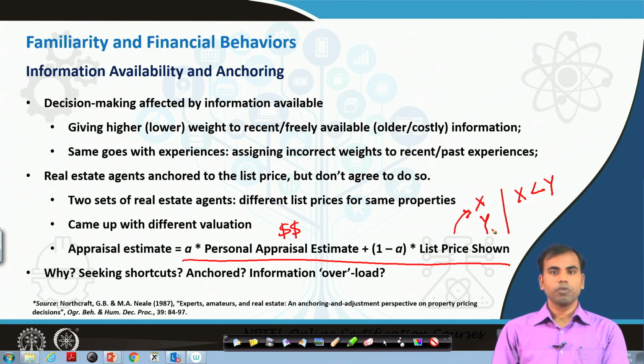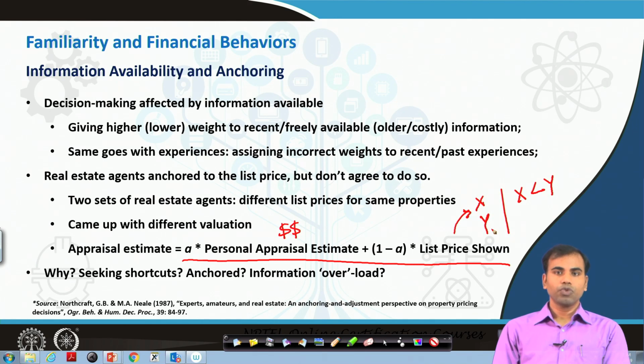This phenomenon has also been described by a concept called nudge, given by Richard Thaler, which suggests that when we are given some additional information, our decision-making process gets affected. Here in the case of real estate valuation, agents' assessment of properties was affected by the list price that was given, and this shows that people's choices or decisions get affected by the information that they have access to.